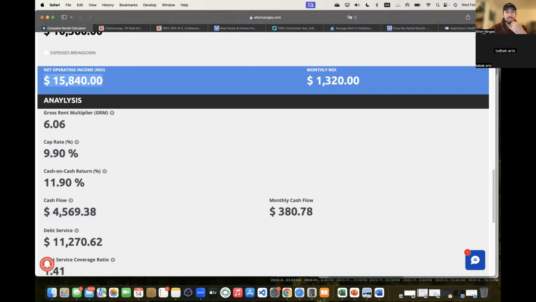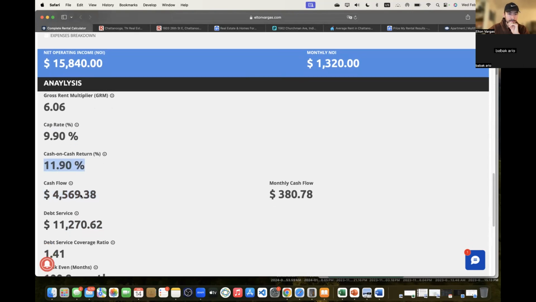My net income is almost $16,000. My debt service dropped because the price of the property dropped, so my mortgage, AKA debt service, dropped. So the $15,000 minus $11,000 is what brings me the cash flow on the property. So now I have an 11.9% cash on cash return.